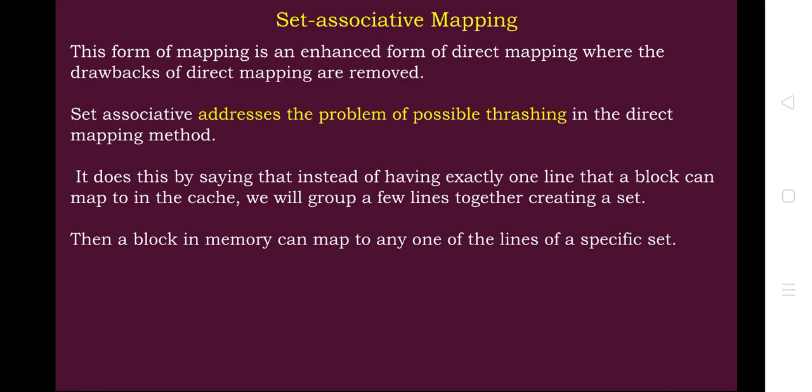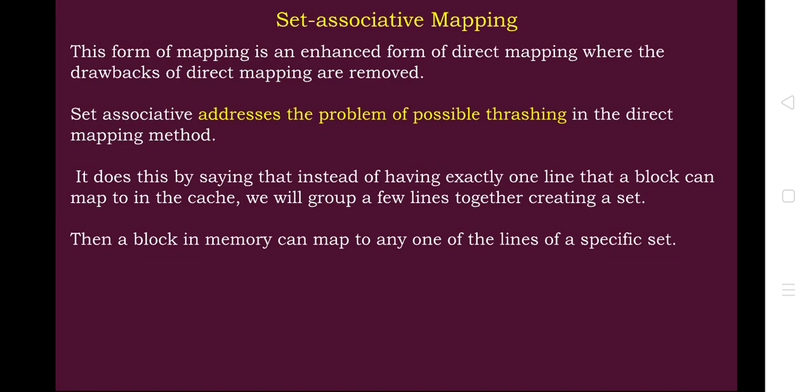So in a set of lines, here line means the addresses. If something is not available in one address, it can find the next available address. When a group of lines is mapped, if one line or one address does not contain the required data, it will check another line for the expected data.